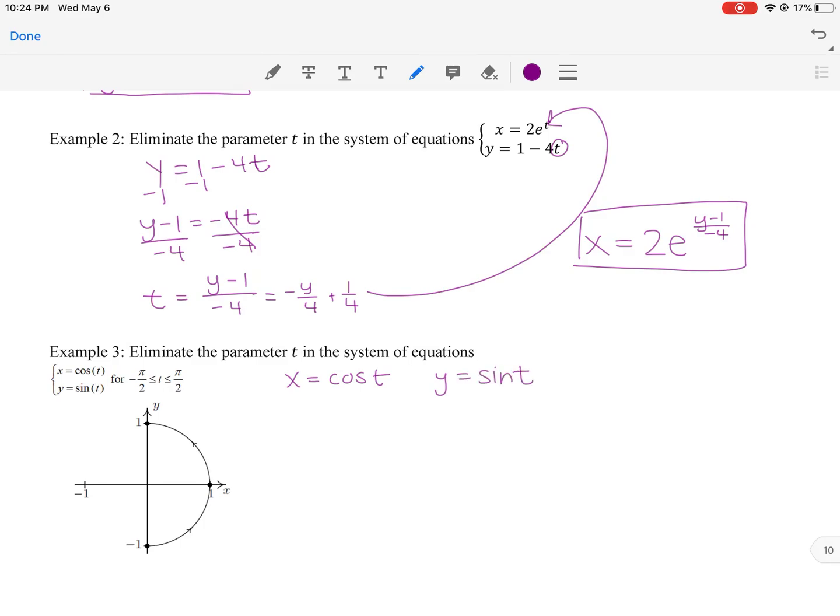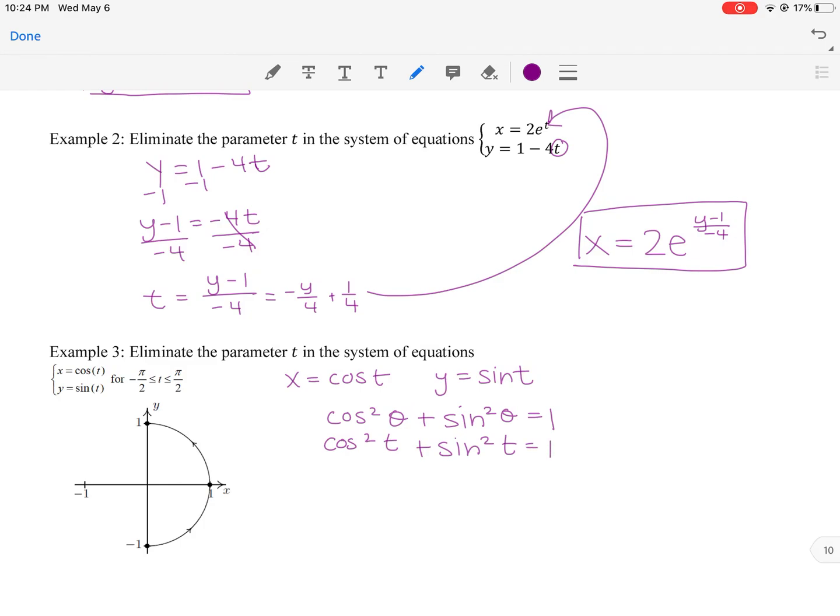Use the Pythagorean identity. So we get cosine squared of theta plus sine squared of theta equals 1. We're using something that we know is true. In this case, if we let theta be t, we'd have cosine squared t plus sine squared t equals 1.